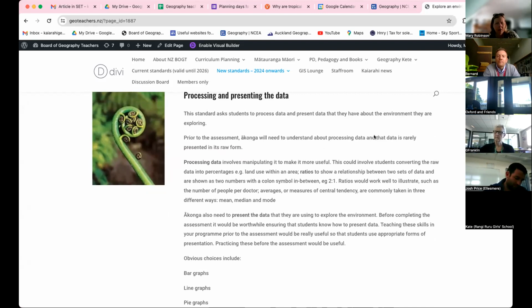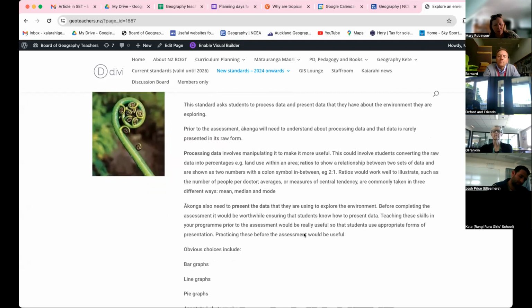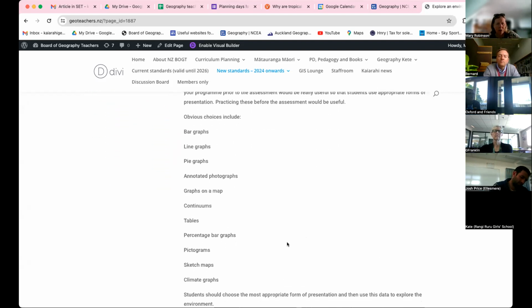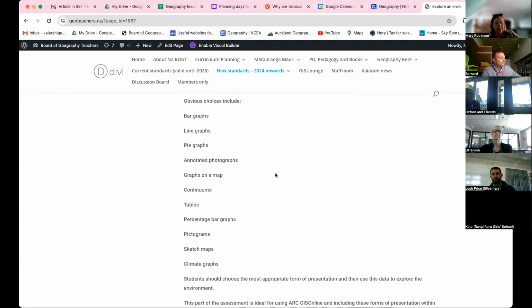And so prior to it, make sure kids know that you have to process it, manipulate it in some ways, and then present it. And here you might do these kinds of things. So the students have to present the data. They have to make the data their own, not just a photograph.